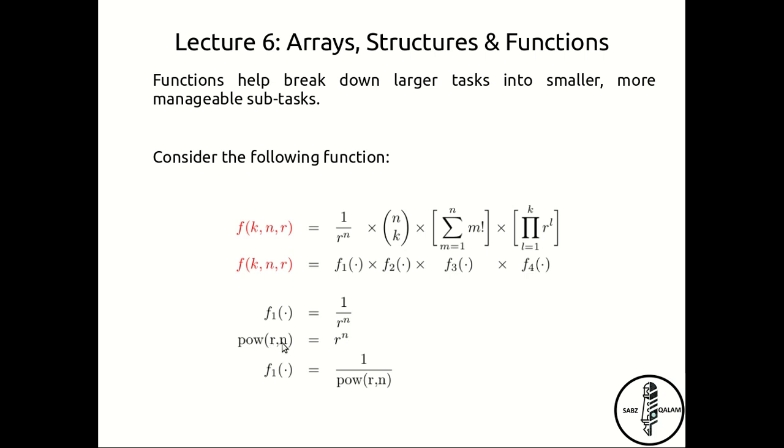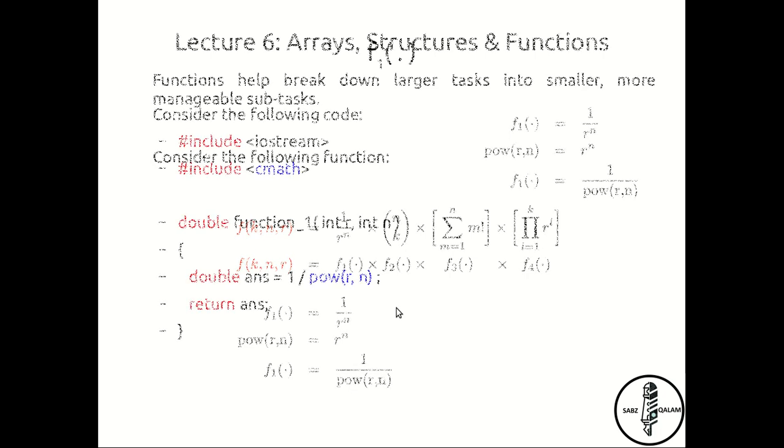In fact, there is a built-in function within C++ by the name of power, whose first argument comma next is actually a raised to the power b. So R^n will actually be r raised to the power n. So in fact the first function can be implemented with the inverse of the power function.